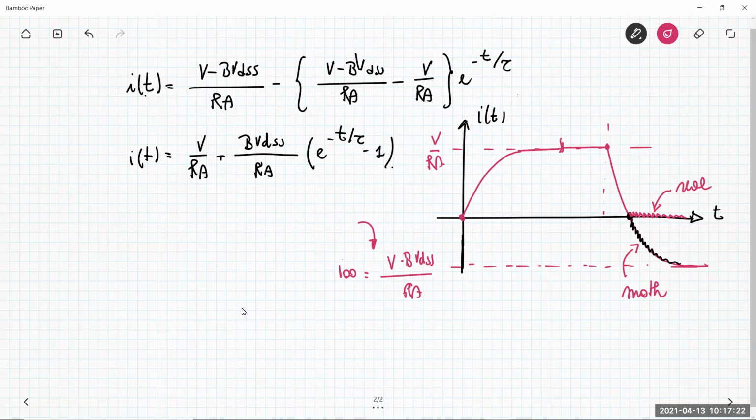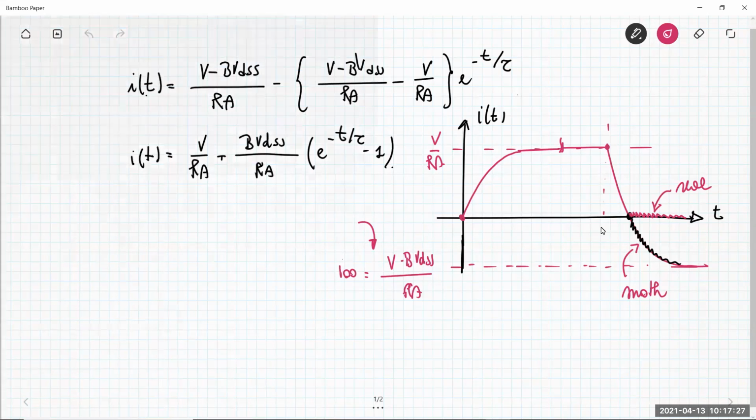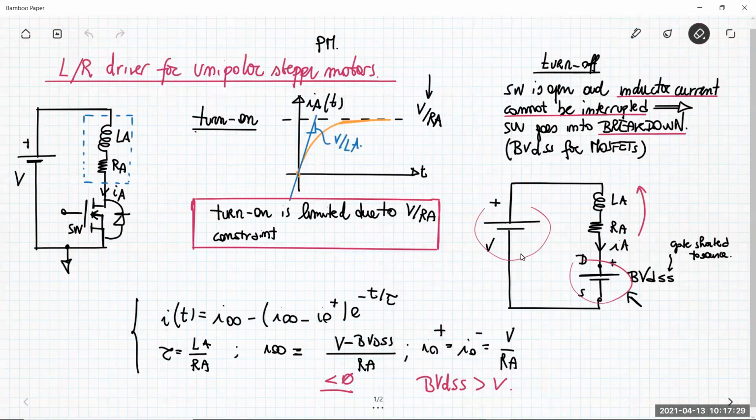Sorry, I have here something which is not correct. I'm just looking at the slide, at the graph here. I have to say that, of course, the voltage V is lower than the breakdown voltage, okay? Because this is the situation I have to consider. So this I infinite, no, it's correct.